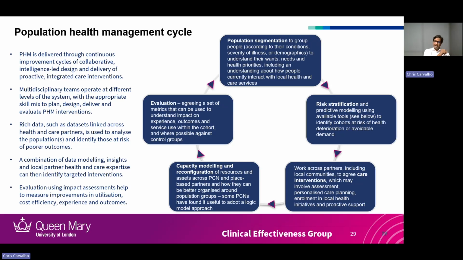In the practice, what then happens is we need to be able to drill down into that data to identify the population and to risk stratify them further, to be able to understand what you will then do to avoid deterioration and to avoid avoidable health service demand.